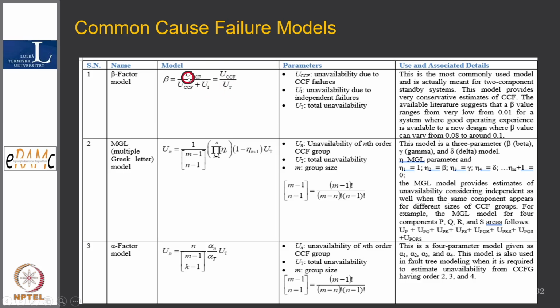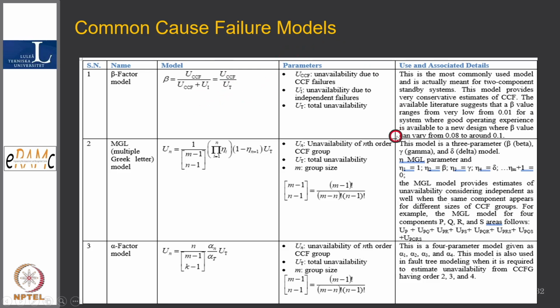So U_CC is the common cause failure unavailability in a system. You have to collect the data and get how many times it has failed on common cause failure, and then U_CC plus independent failure of the system gives you U_T. So U_CC divided by U_T makes a total statement.